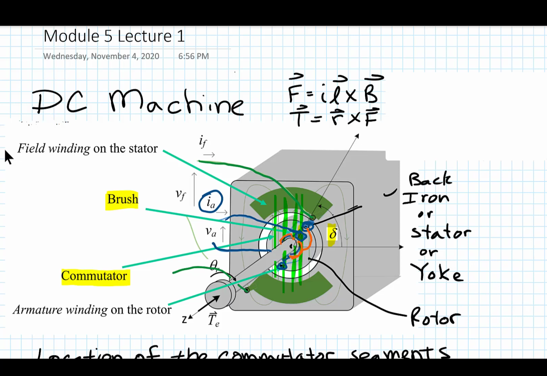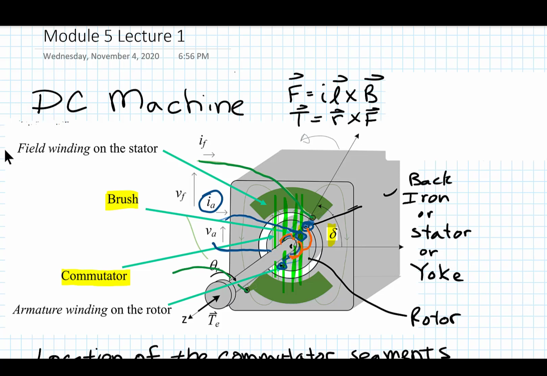And it will continue to flow through that point as the rotor is moving around in this direction until it hits the next little gap and the segment that connects it to the other side here. And at that point, it's going to flip the polarity of the current.